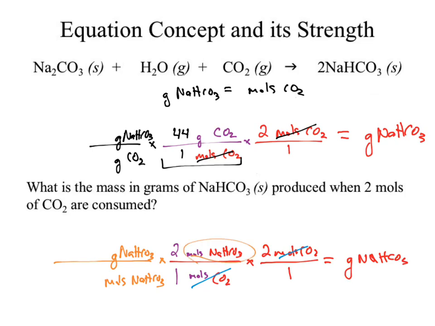Now that I have units, I can ask myself, does that conversion factor exist? Where does it exist? In the periodic table. The periodic table tells me the relationship between mass and moles. That would be the molar mass of each of those elements. So I would take sodium, which is 30.